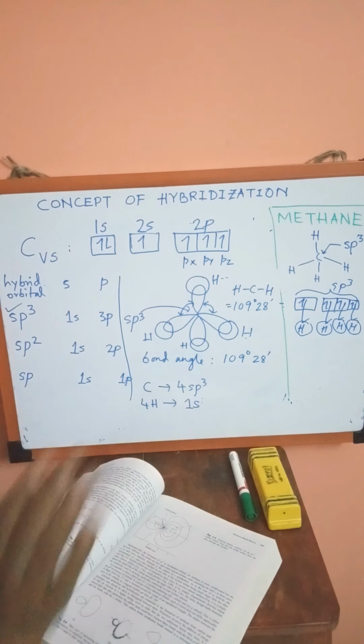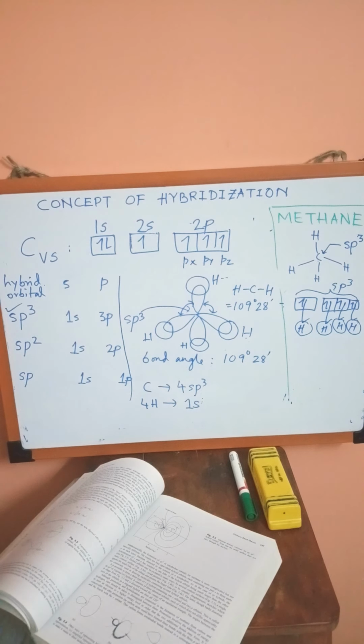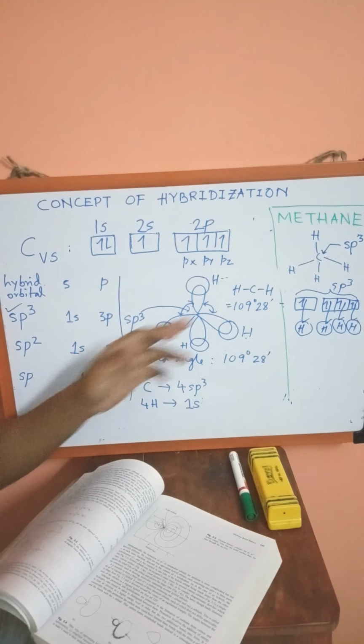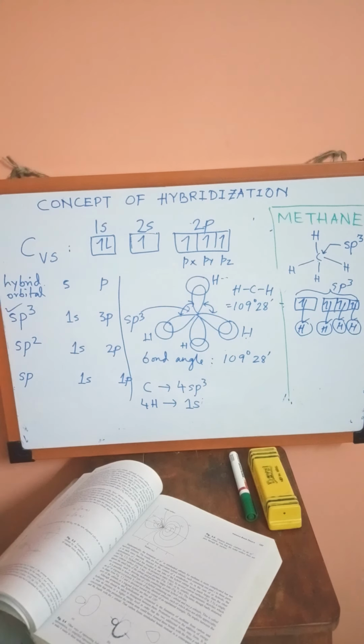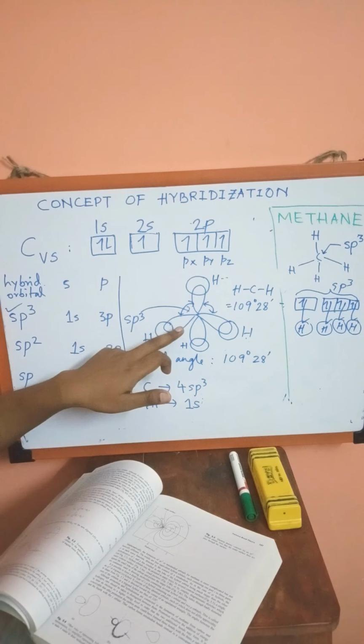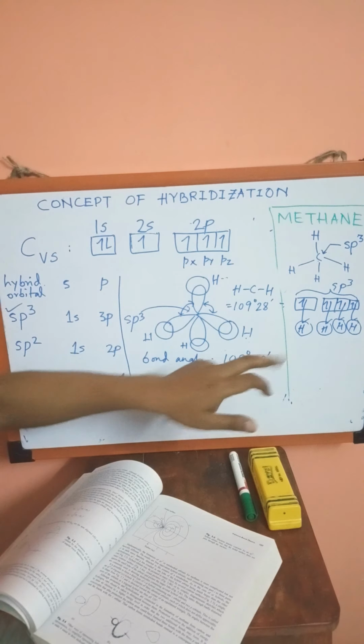So one thing you must consider: if someone asks you why methane is tetrahedral, often the student says that because it is sp3, so it is tetrahedral. But this is not the case.